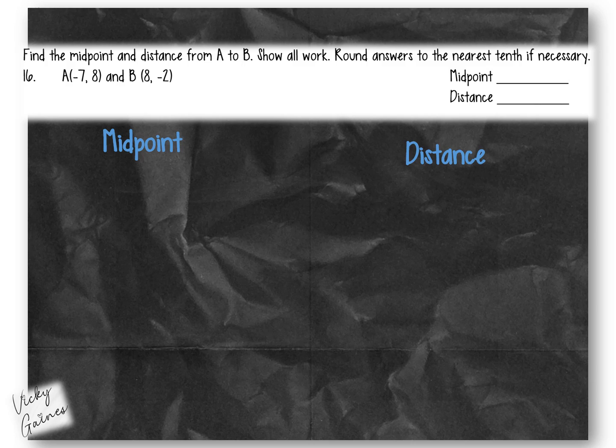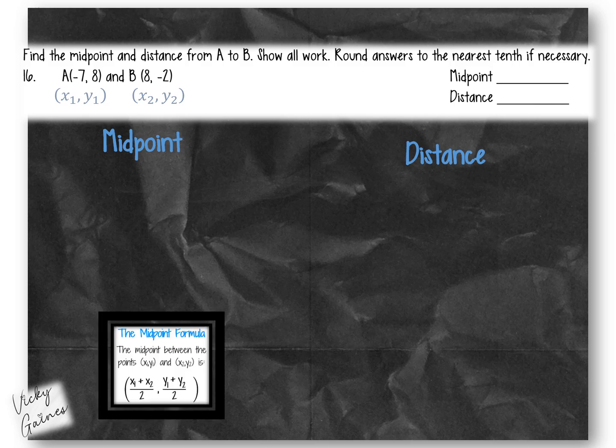16, find the midpoint and distance, and now we have coordinates in the coordinate plane. So A is the point -7, 8, B is the point 8, -2. I can label my x's and my y's with the subscripts. Midpoint formula, remember, is the average of the x's and the average of the y's.